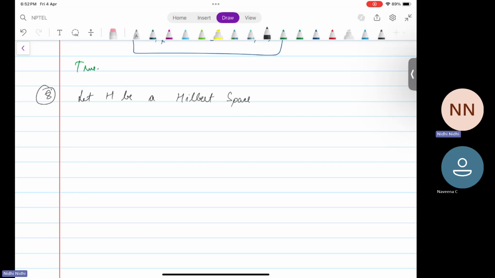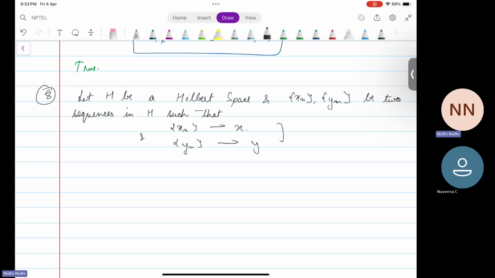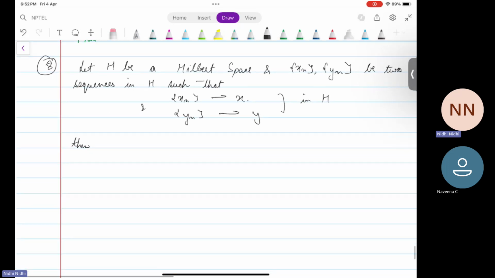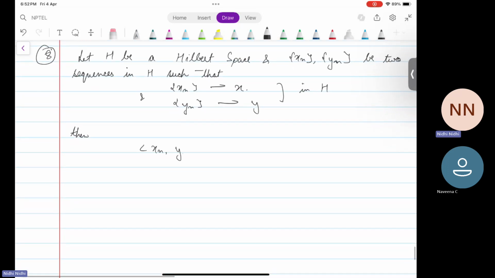Let x_n and y_n be two sequences in H such that x_n converges weakly to x and y_n converges weakly to y, both in the space H. Then they're saying that in this case, the inner product of x_n and y_n should converge to the inner product of x and y.